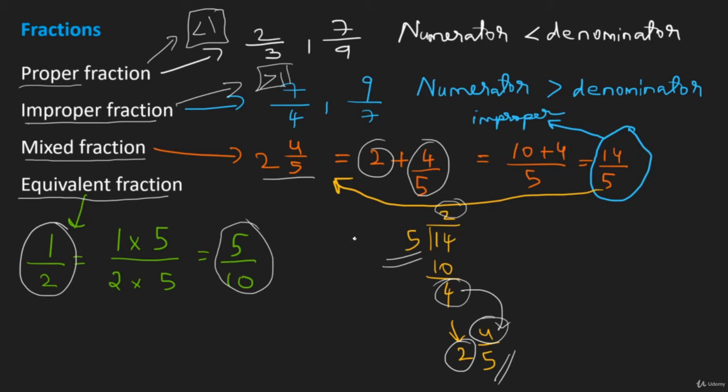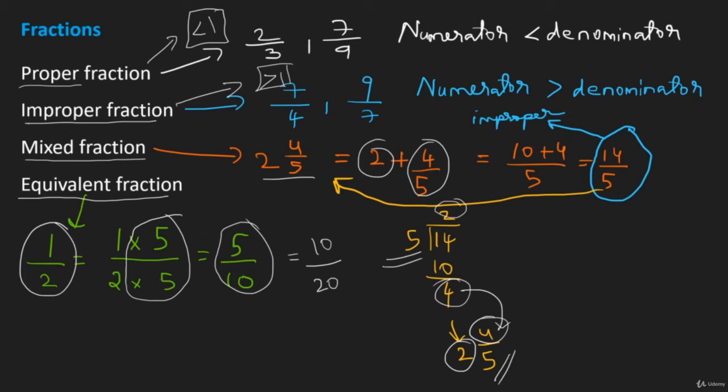So I can see that one fraction can have an infinite number of ways of expressing it. For example, 5 by 10 can also be written as 10 by 20 or 100 by 200, right? Alright, so we have seen one way of arriving at an equivalent fraction is to multiply the numerator and denominator with the same number. It's not only multiplication, you could also divide the numerator and denominator with the same number.